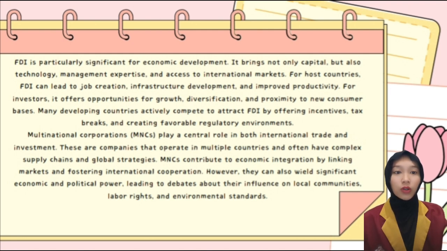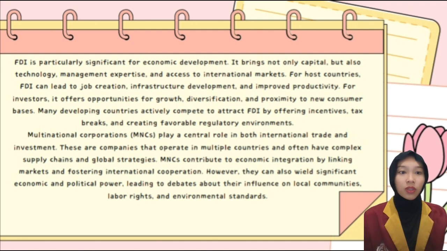Multinational corporations play a central role in both international trade and investment. These are companies that operate in multiple countries and often have complex supply chains and global strategies. MNCs contribute to economic integration by linking markets and fostering international cooperation.